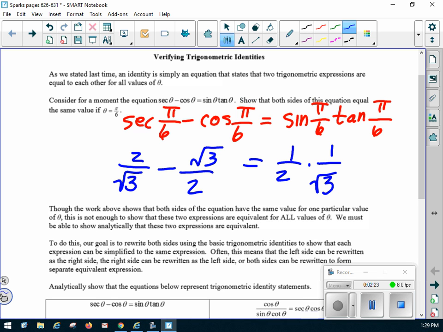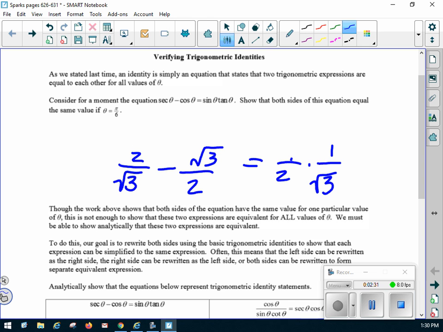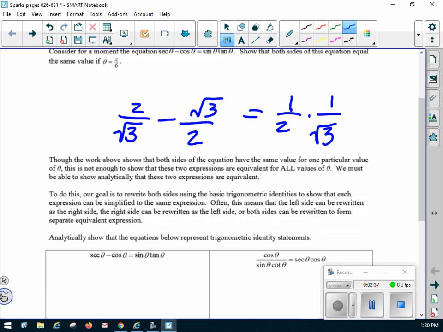Now, I don't know if those are the same. Oh, but I can get a common denominator. And getting a common denominator is not the end of the world. What's your common denominator on the left? 2 times the square root of 3. Good. So I need a 2. I need a square root of 3.